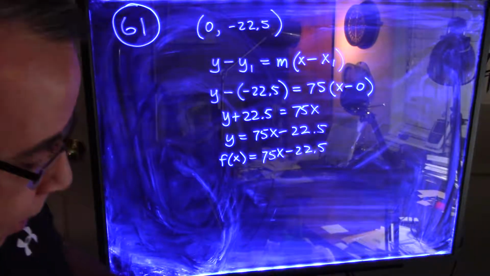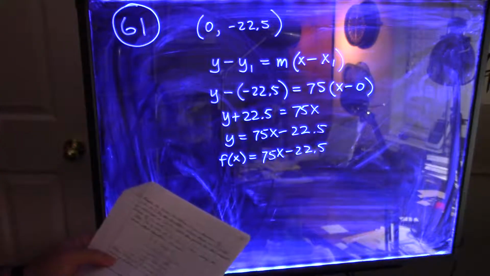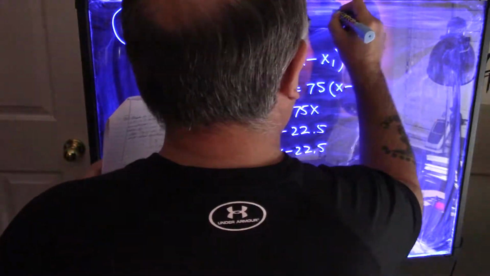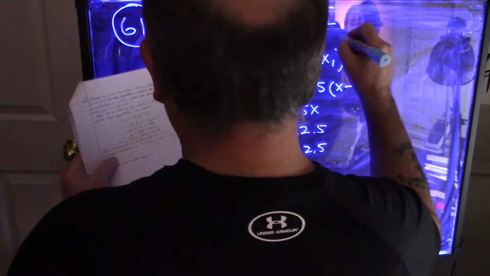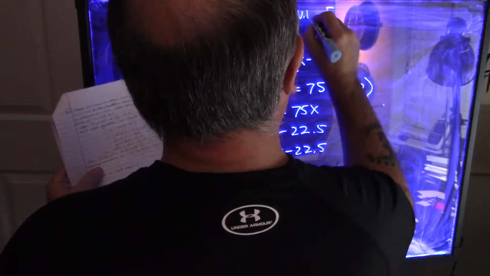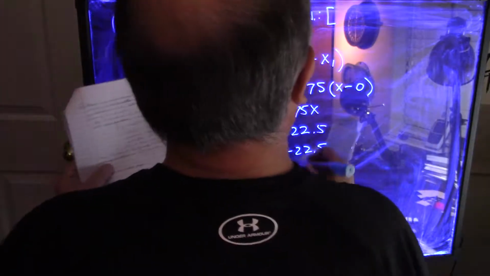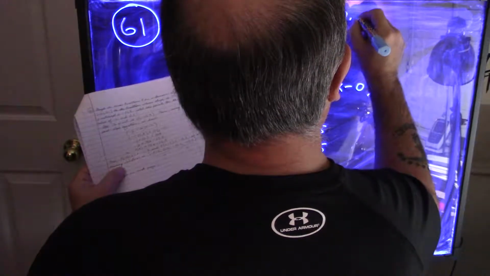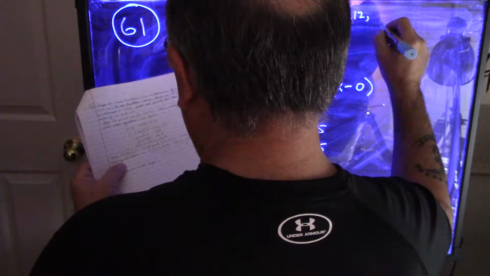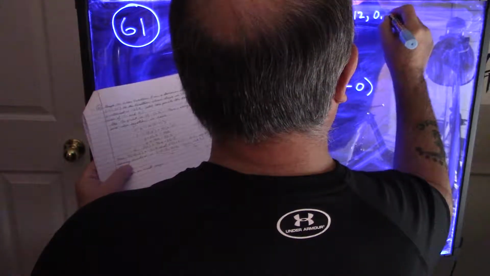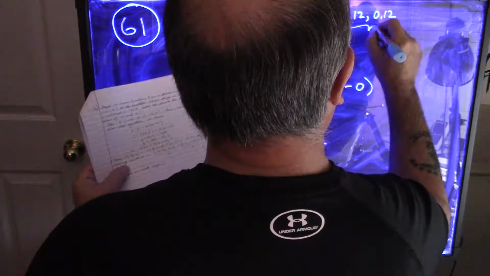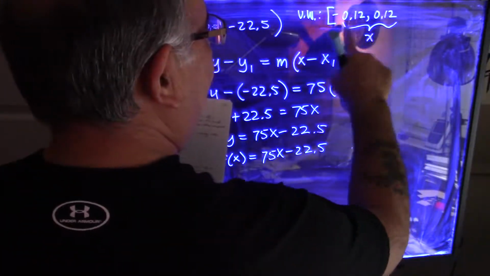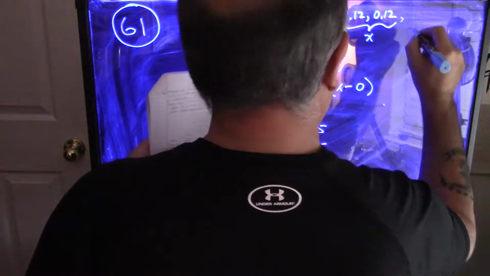So let's expand it a little bit. Let's say the viewing window, the VW, goes from negative 0.12 to 0.12, that's your x coordinates. This is a judgment call as to how much wider you want to make this.